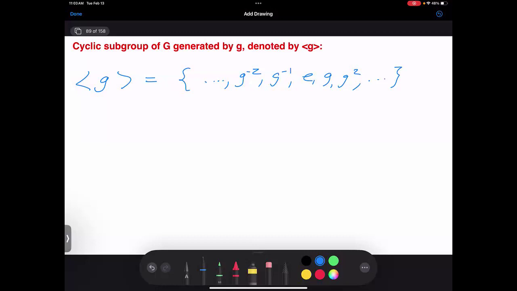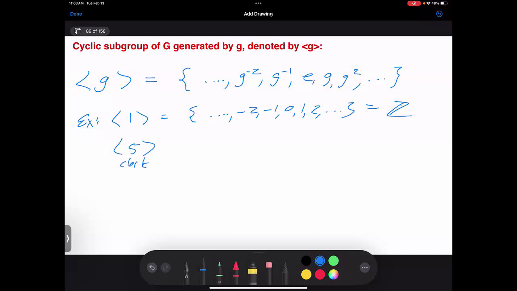So for example, if I look at 1, that could give me all the integers, dot dot dot, -2, -1, 0, 1, 2, dot dot dot, which is just all the integers. It doesn't have to be; if I looked at 5 under clock arithmetic, then if I reorder, it's the same as the clock group.